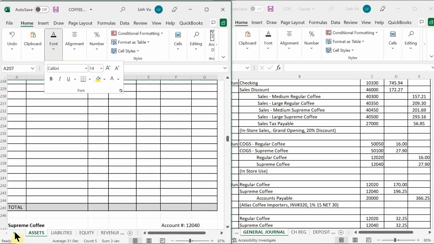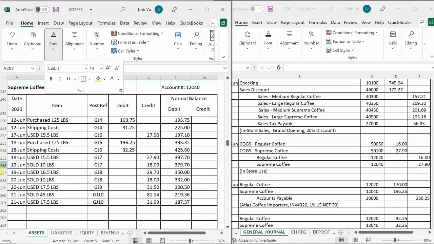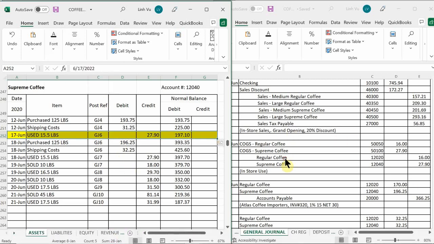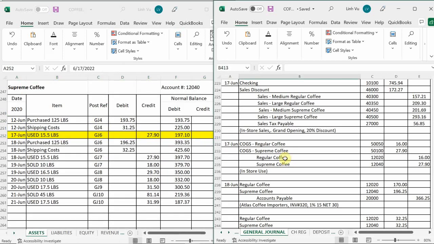And then we sold it for $27.90. So yeah, that looks good. All right, so that's all done there. So let's see what happened next.